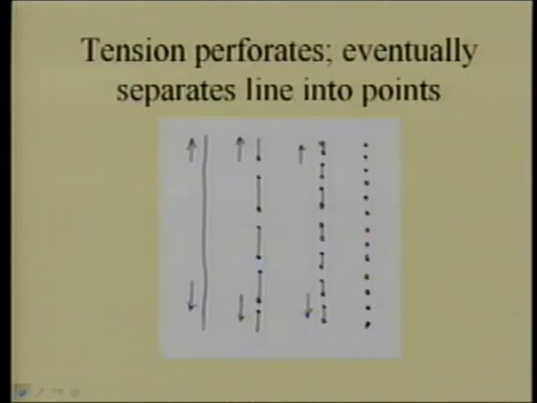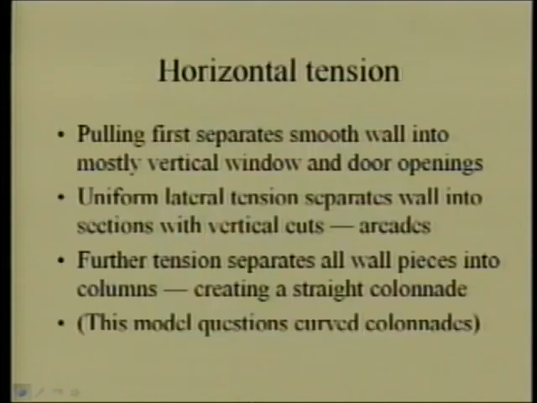Here we are pulling a material in the vertical direction, and it breaks first into large pieces. If you keep pulling it uniformly, again, imagine a line of sealing wax on a rubber sheet, it will eventually break into smaller and smaller pieces as you separate it.